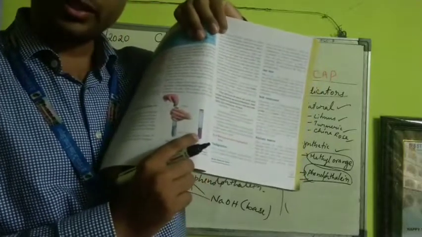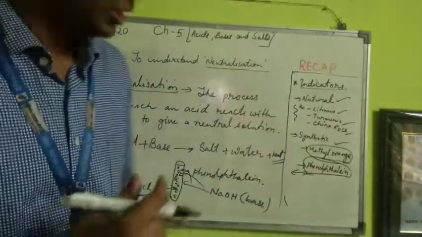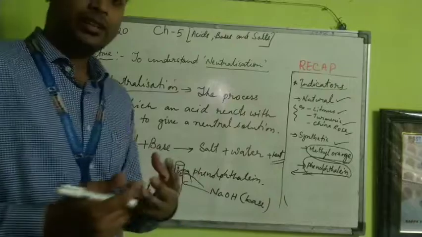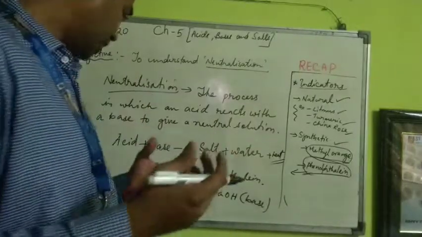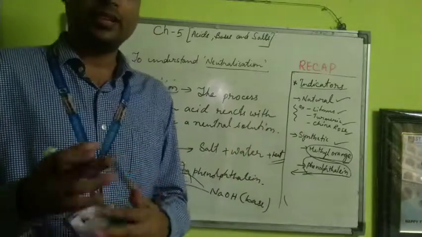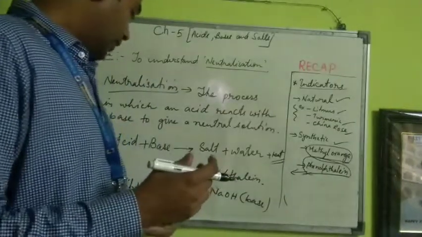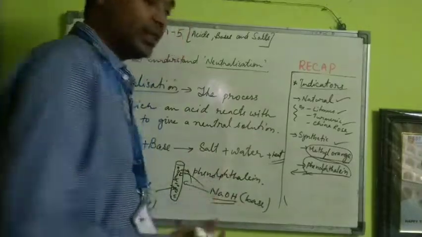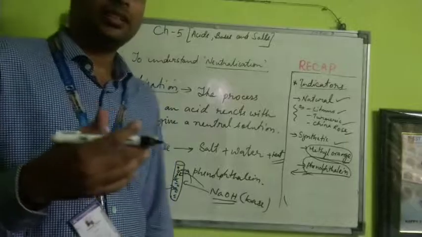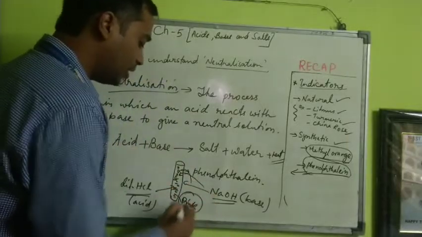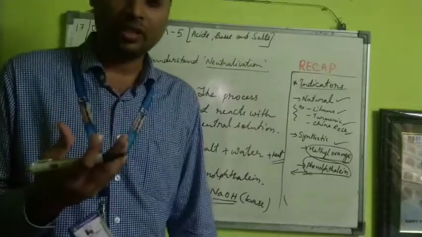Here the color has become pink. So when you keep adding the sodium hydroxide drops, there will be a point where the concentration of acid and base becomes the same, and then the effect of the acid gets neutralized by the effect of the base, and at that point the solution turns pink in color. So this pink color appears once the solution becomes neutral.